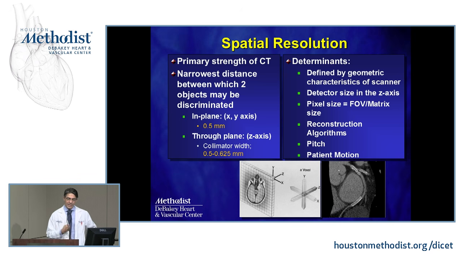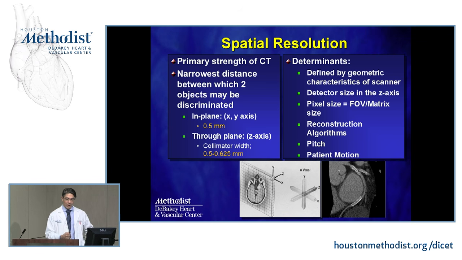The things that we control are very similar to any imaging technique. At the end, what you're displaying is a pixel size. You want a small field of view and therefore small pixel sizes. But the actual spatial resolution that the scanner is able to acquire is all determined by the characteristics of that scanner.